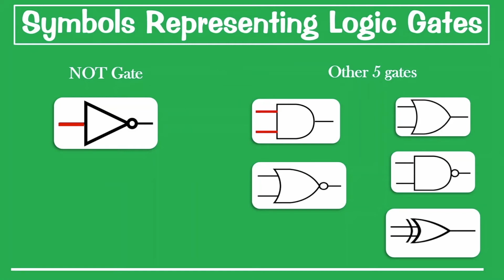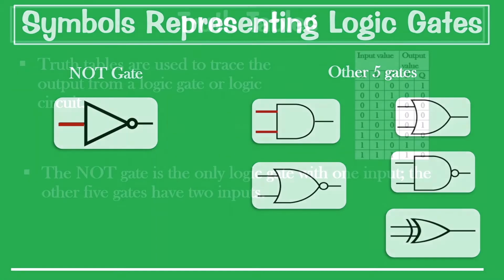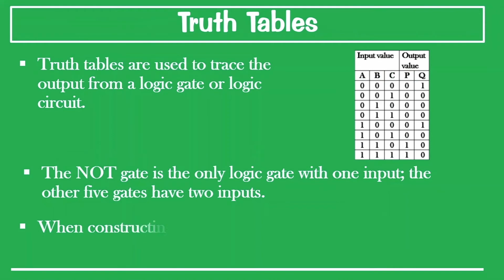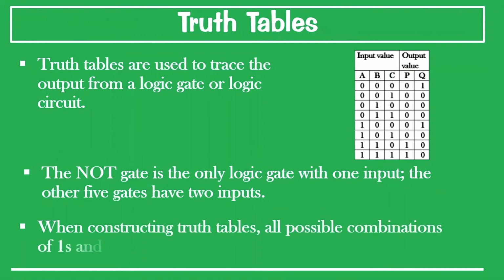The other 5 gates have 2 inputs. When constructing truth tables, all possible combinations of 1s and 0s which can be input are considered. The possible inputs are determined by the number of inputs.